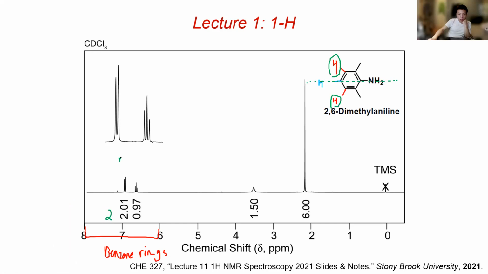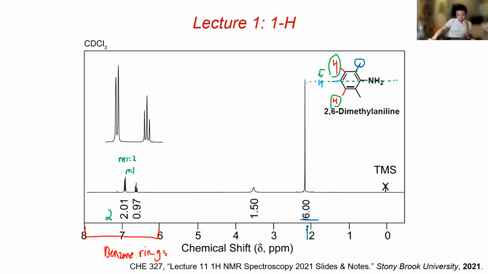And it's a doublet, plus 1 equals to 2, and n equals to 1. And that makes sense because there's only one neighbor hydrogen. There's no hydrogens here, keep in mind. And the 6 comes from that.